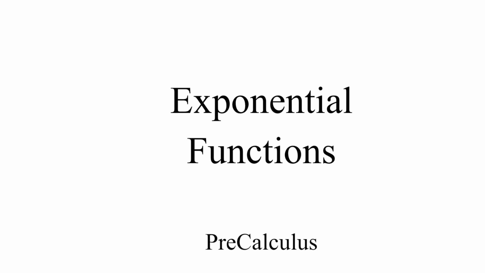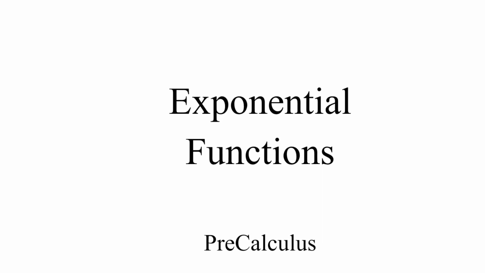Since the account is earning 6%, R equals 0.06. Since interest is compounded twice a year, K equals 2. In this problem, we don't know how much we are starting with, so we will be solving for A, the initial amount needed.